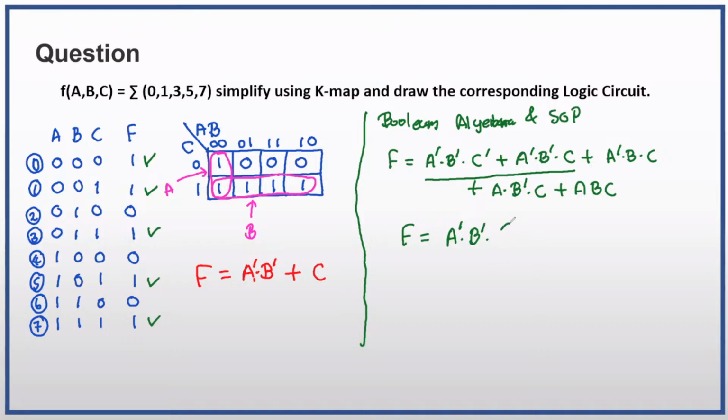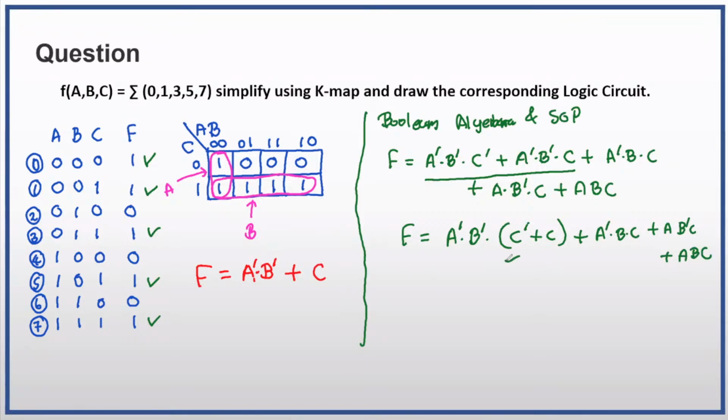So therefore you get C dash plus C. And again plus C, and you have these three terms: A dash BC plus A B dash C plus ABC.